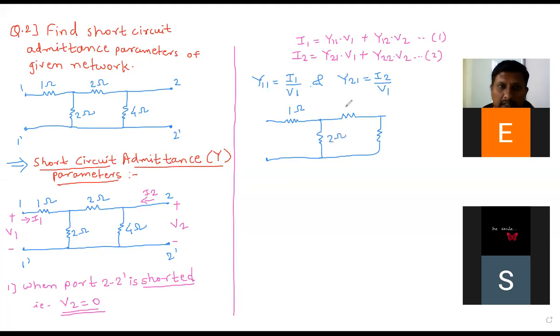So I will first keep it as it is so that you can understand, and then I will convert it to the simplified circuit. This is the short circuit now, V2 equal to 0. This is 2 dash, this is 1 dash. This circuit is further converted into a simple one.